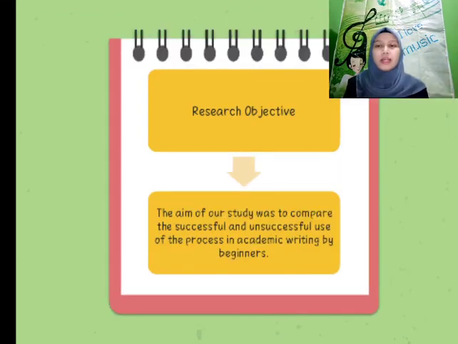And the next is about research objectives. For the first, the aim of our study was to compare the successful and unsuccessful use of the academic process by beginners. As has been shown by the previous discussion, the findings from the one-shot studies have academic relevance because of their arrangement.